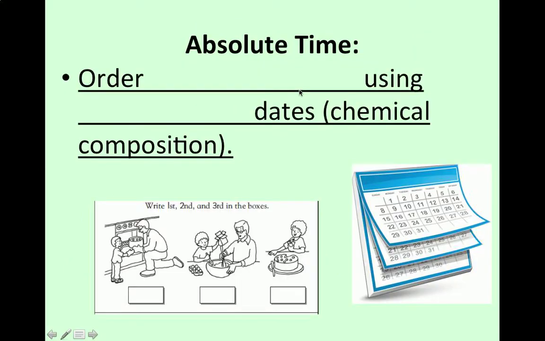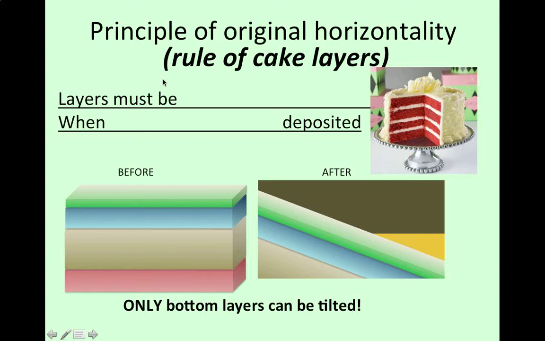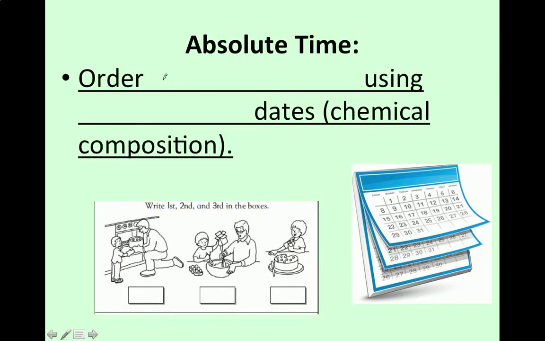Now, in terms of something called absolute time, we will be determining special events happening in the rock record. I'll order both events and rock layers.